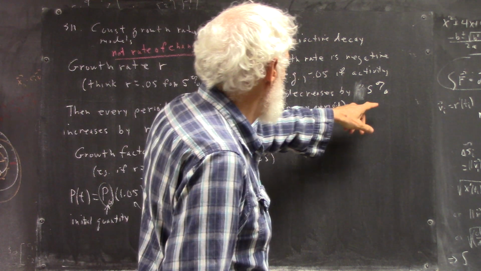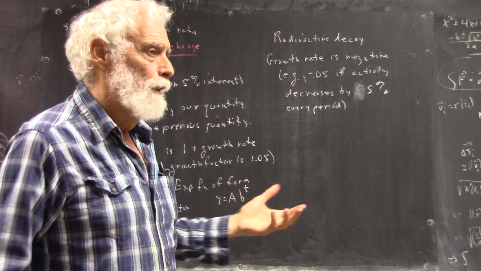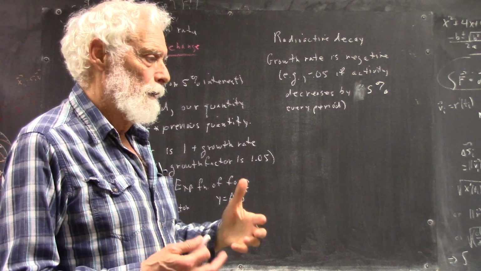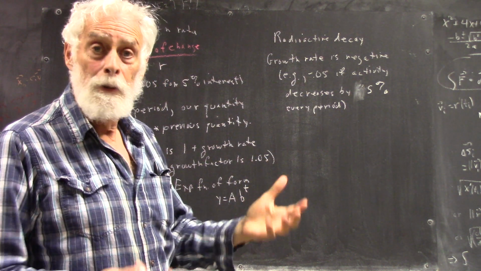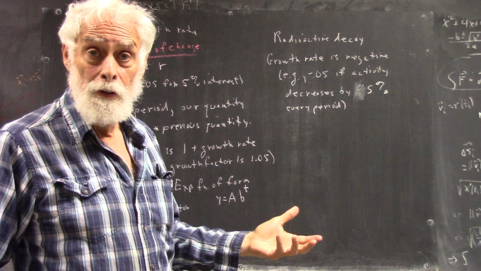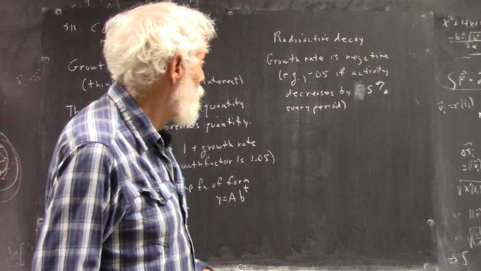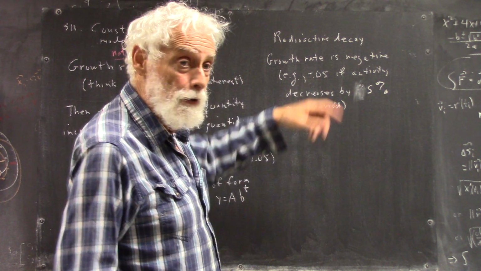Okay, so radioactivity. So we decrease by 5% every period. Now with radioactivity, sometimes things take a long time to decay. Certain isotopes of uranium can take 1 billion years to decay down to half. So their annual growth rate would be very tiny.